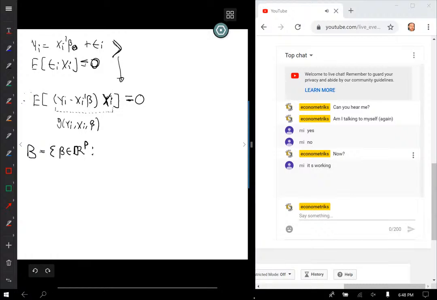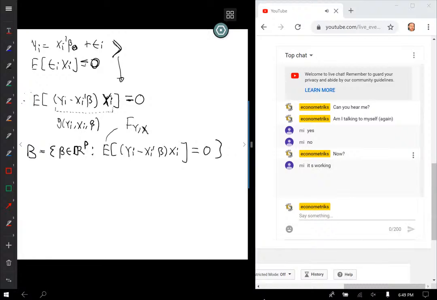And then we want to find all the betas that are consistent with this restriction here. We can write it in the g form, but in our case, we want to look at how many betas solve this, because there may be more than one, depending upon what the true distribution of y and x is. And remember, this E is taking expectation with respect to the joint distribution of y and x, whatever that is. So it could be anything.